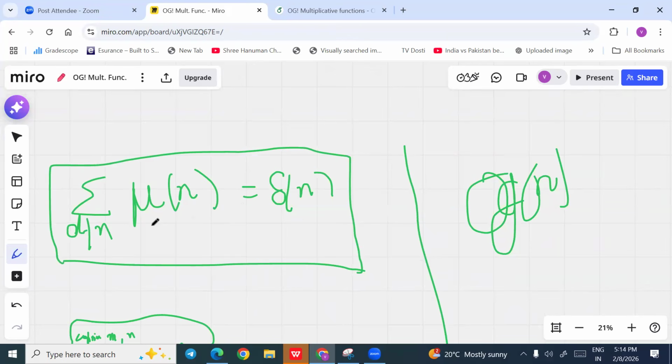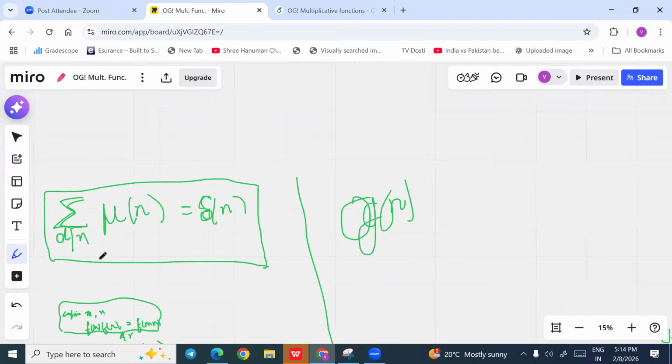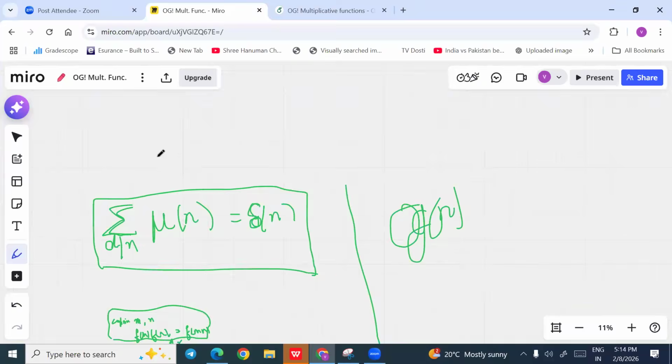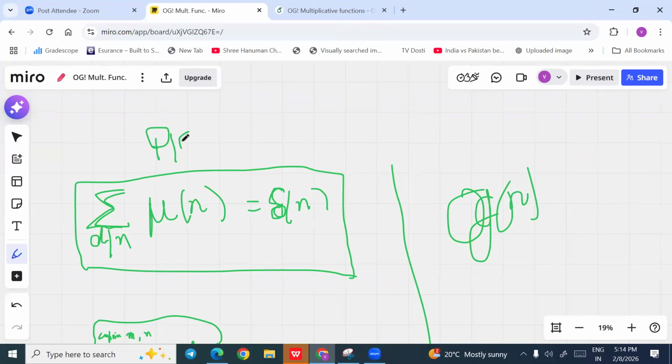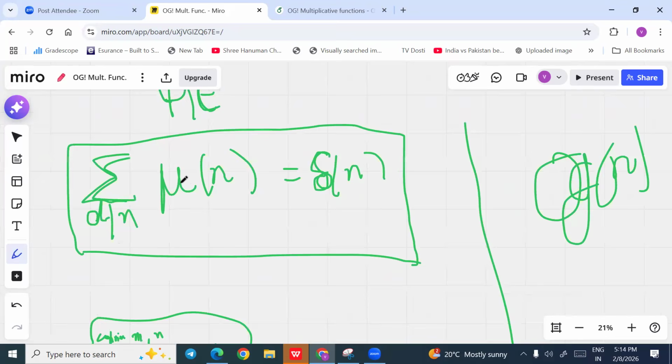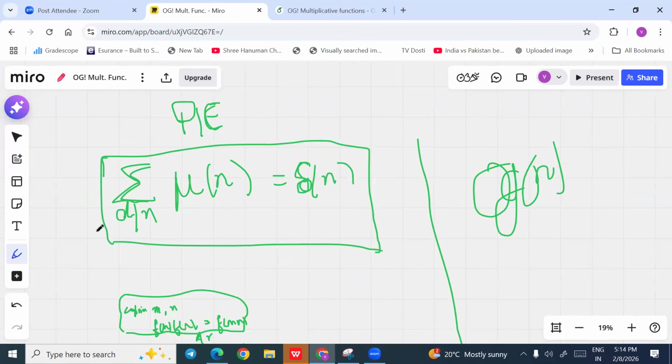This is basically saying that the sum of the Mobius function taken over the divisors of n reproduces the Dirichlet delta function. This is just like the inclusion exclusion principle. You can try proving this in 2 minutes.